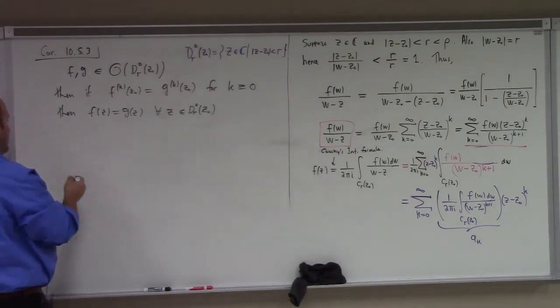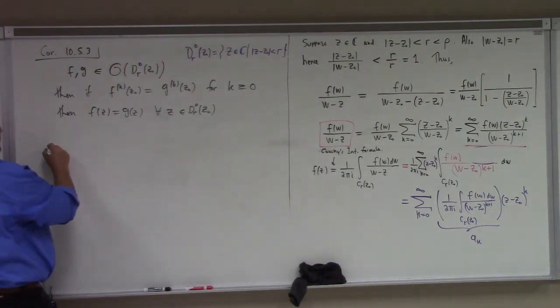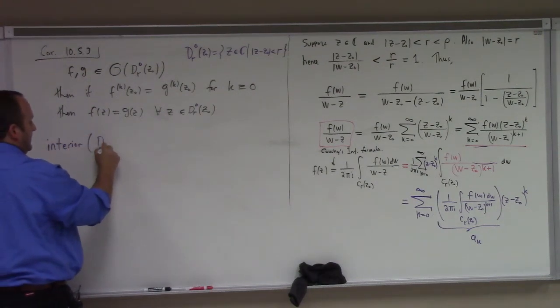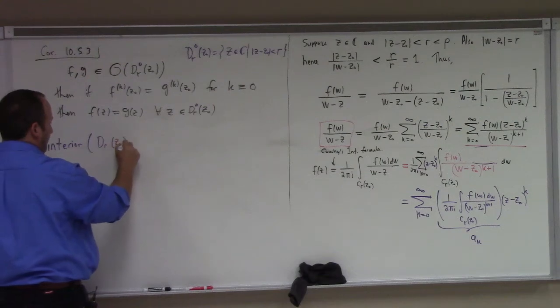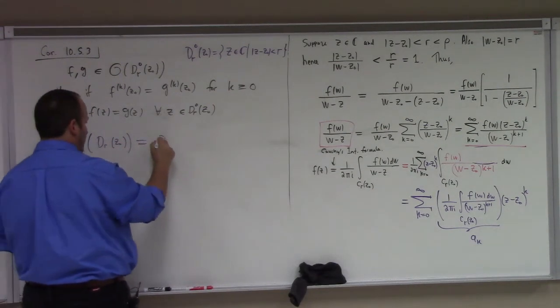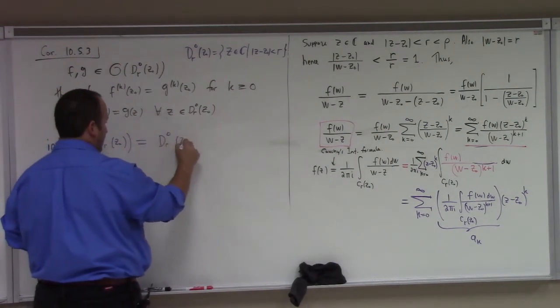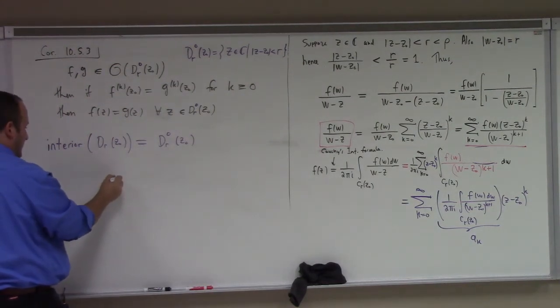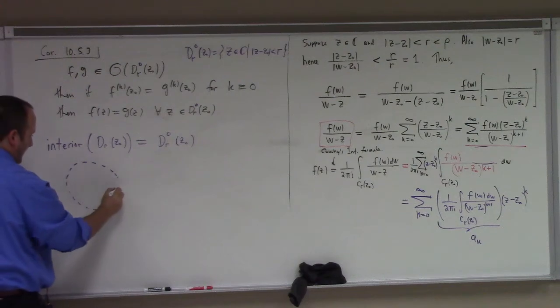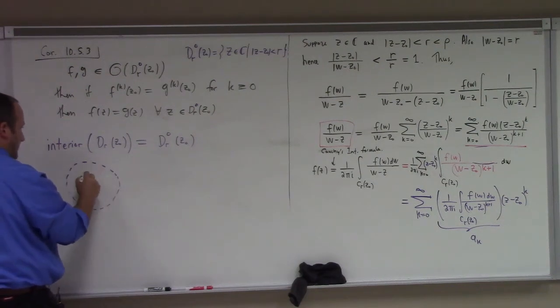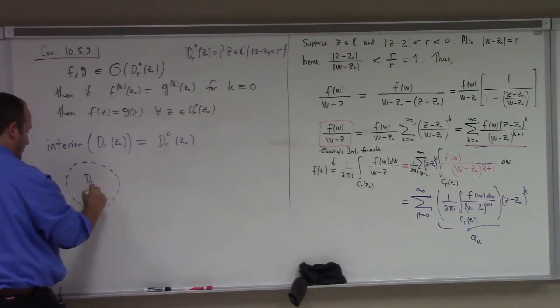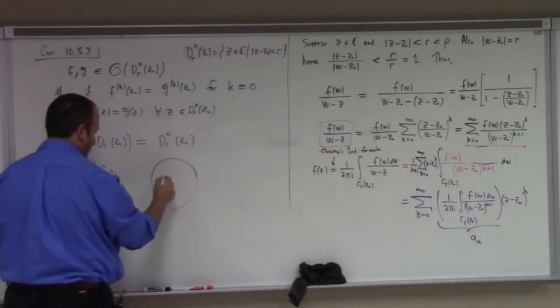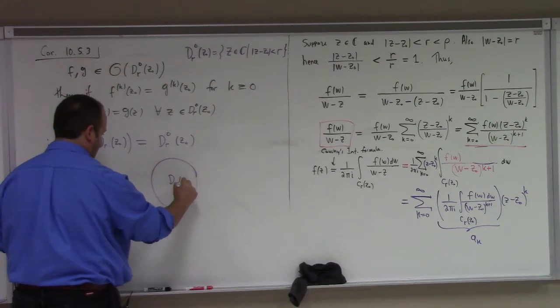If you want more topology in your life, great: the interior of D_r(z naught) is equal to D_r^o(z naught) in our current language. So like this is D_r, here's z naught. This is D_r^o of z naught.